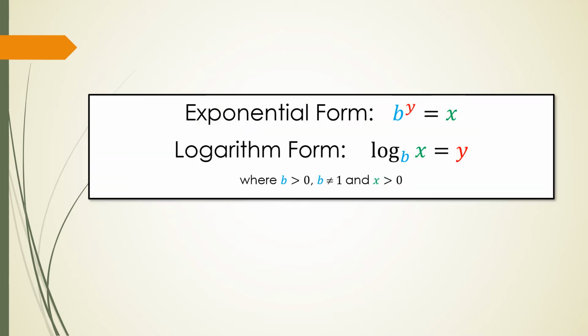All right, so here are our two forms. Here's our exponential form, because we take a base to an exponent and it equals something. So the logarithm asks, what could be that exponent? So you do the log of x with a base of b equals y. For example, let me write one out. Let's start with the exponent: 7 to the 2nd power equals 49.